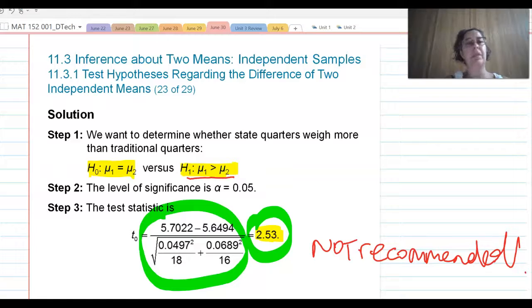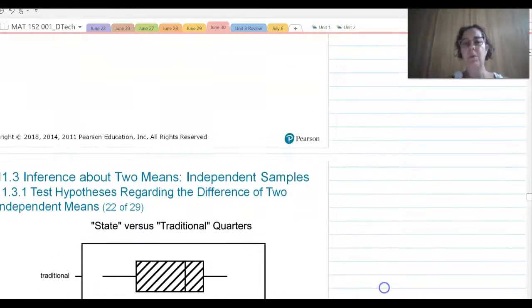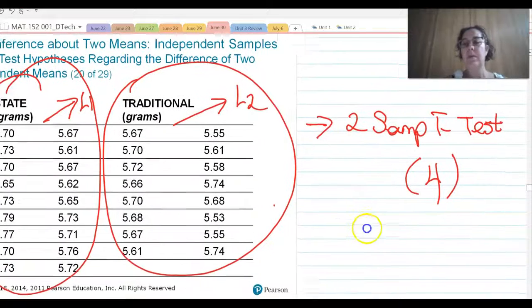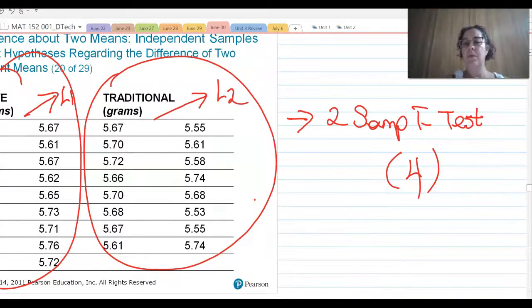In my personal opinion, it's not worth it, but you're free to do it. I have shown you the way. Directly do it with the TI-84, choosing two sample t-test, which is number 4 under stat tests. Hope it was helpful.